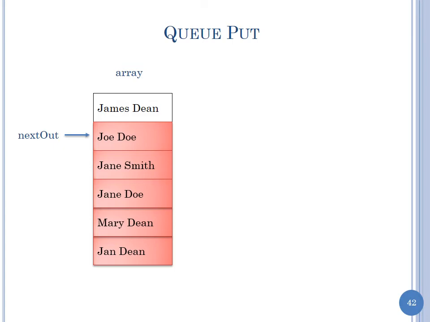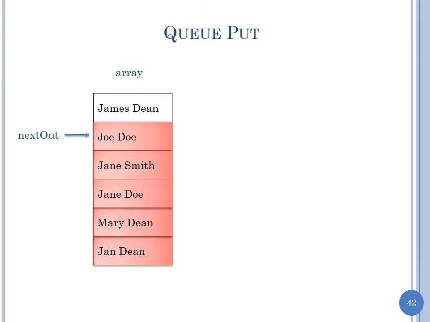So what happens now? My pointer was at the last element of the array, and I added an element to that last element. Where should my pointer next in be now? My next out is at 0, which is the first element of the array, if 0 is the first element.